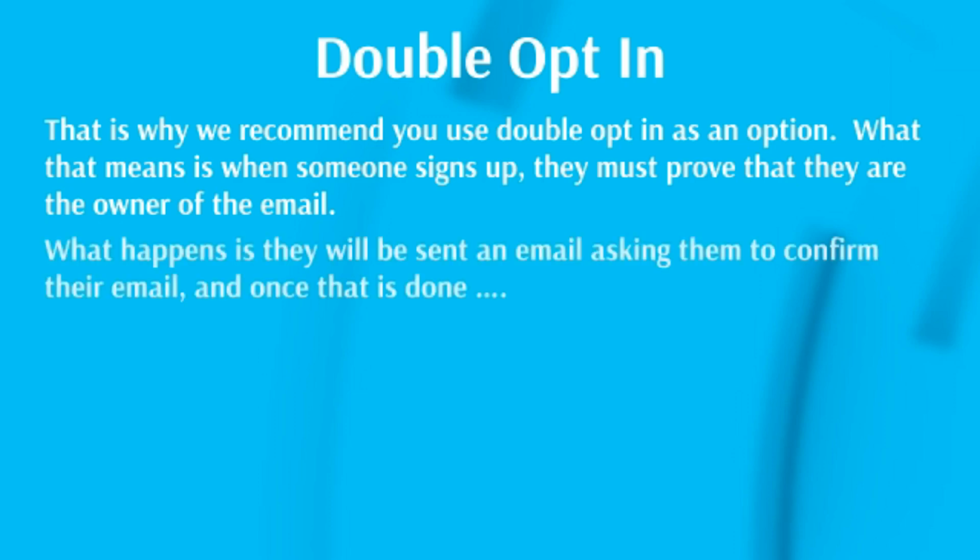Now, what they have to do in this case is they have to prove that they are the owner of the email. So what happens is they get sent an email asking them to click a confirmation link. And when they click that, and once that is done, then of course they're added to your email list. Now, if they fill in the name and email address and it's all fake, then of course, think about that.